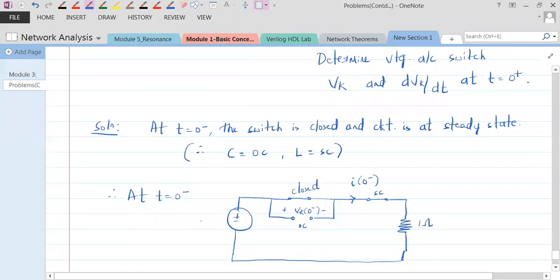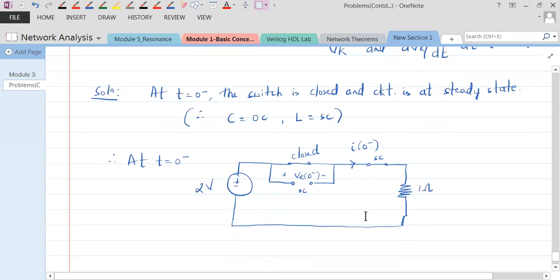So what can we find out from this? We can find out the current as well as the voltage. Now it's very clear that this voltage across the capacitor is actually the voltage across a short circuit. Voltage across a short circuit is 0. If there is no resistor, the voltage drop is 0.